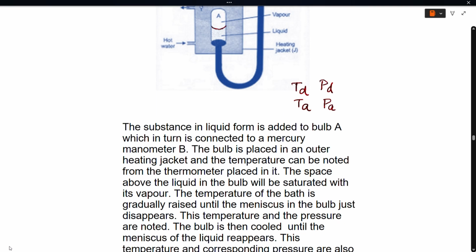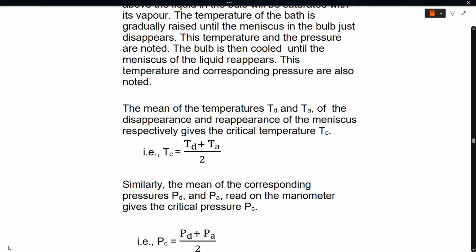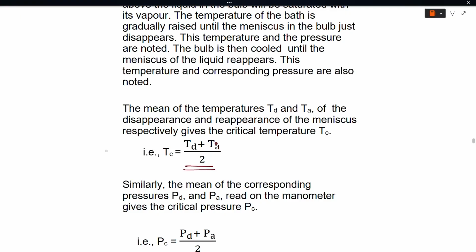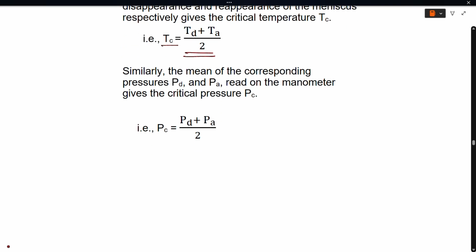Now, taking these values, you can calculate Tc as (Td + Ta)/2, that becomes the mean, because you can avoid the experimental errors. We take the two temperatures and take the mean, and that will give you the critical temperature. In a similar manner, we take the pressure values of disappearance and appearance of the meniscus and take the mean, and you get the critical pressure.